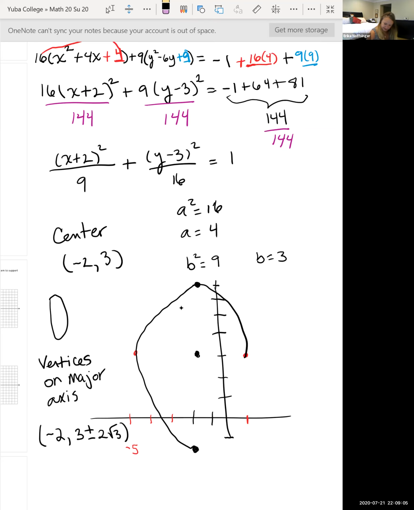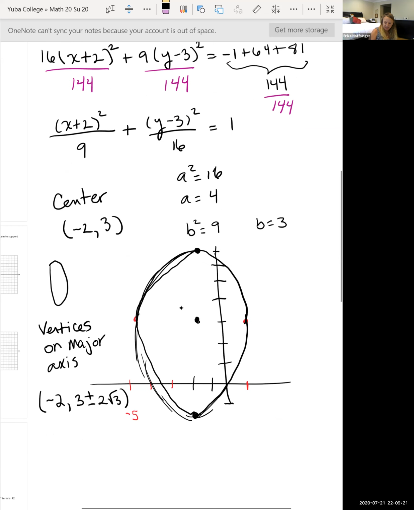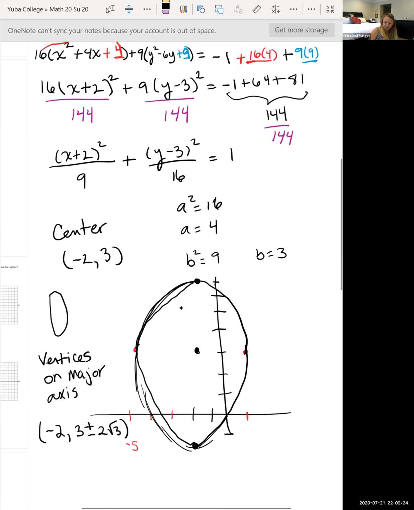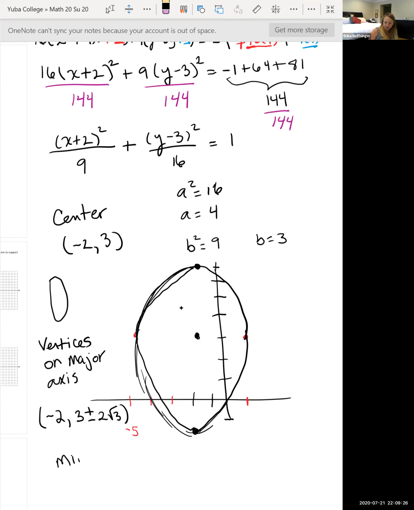And so we got this parabola, or not parabola, ellipse shape. It's a little better. I did not list my minor vertices yet. The minor vertices, that was affecting our x value from our center.